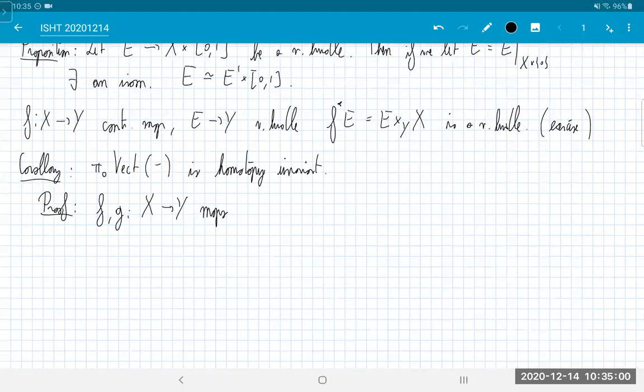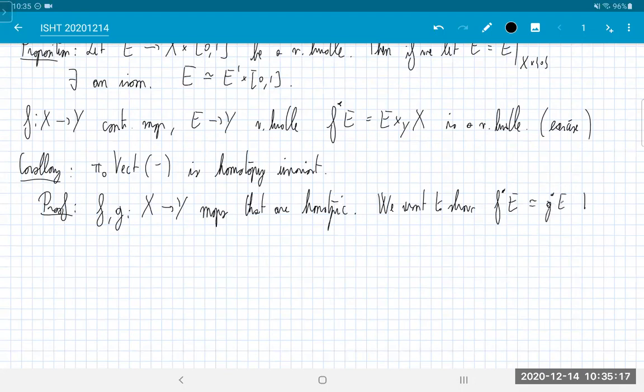So suppose we have maps that are homotopic. We want to show f upper star of E is isomorphic to g upper star of E for every E. That is what it means to be homotopy invariant.